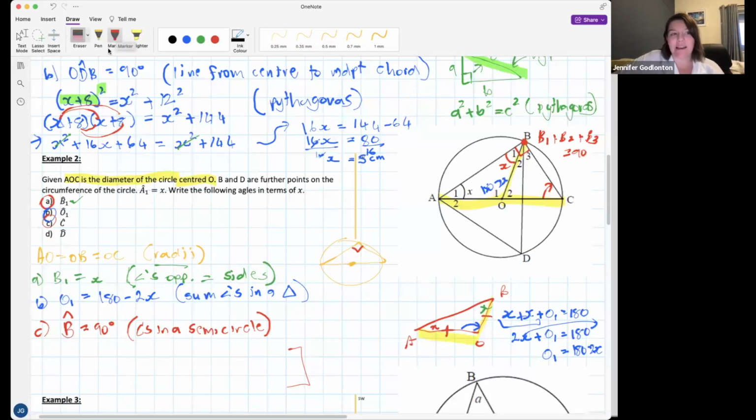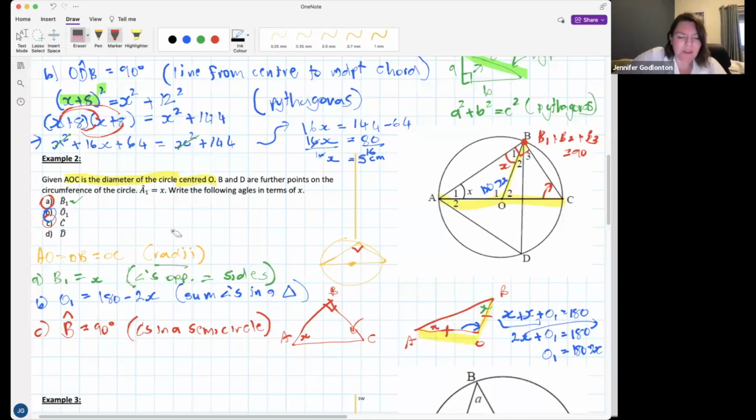Now we know that that is 90 degrees. If you're feeling overwhelmed with what's going on in this picture, just draw yourself a little triangle. I promise it helps. So if we draw out our little triangle, we've got B, we've got A, and we've got C. We know that B is 90 degrees. We know that A is X. That makes finding C much easier because it's basically the same as a grade 8 question.